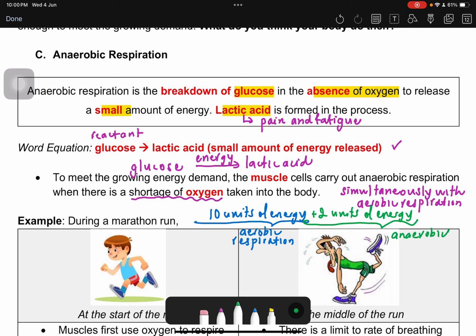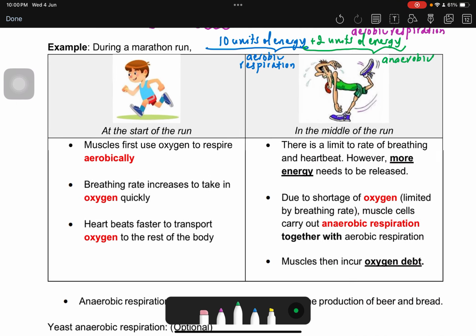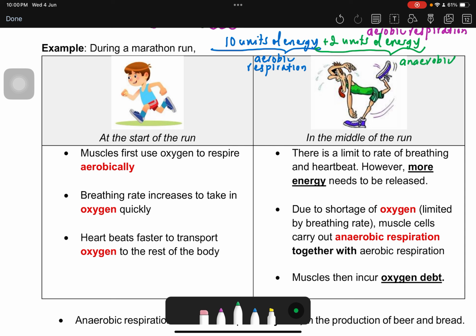So a better way to show this, let's use an example over here. Imagine you are this boy over here. At the start of the race, at the start of your marathon 2.4, like what I said, your muscles first use oxygen to respire aerobically.